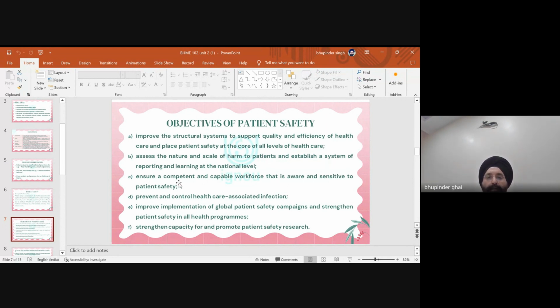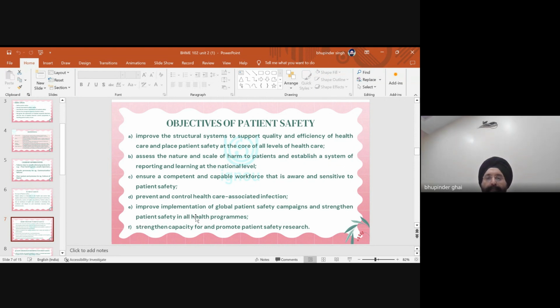Ensure a competent and capable workforce that is aware and sensitive to patient safety. Prevent and control healthcare associated infection. That means hospital acquired infection.